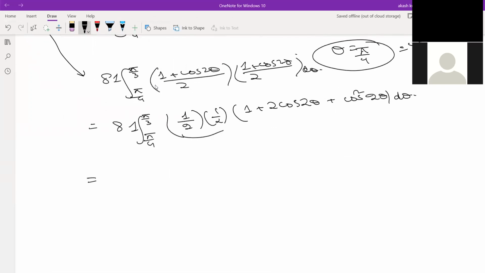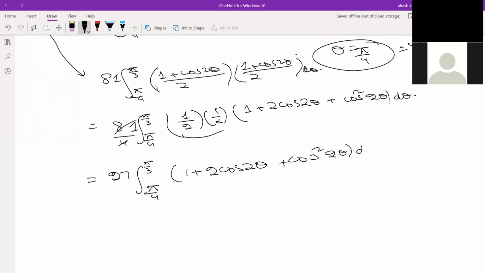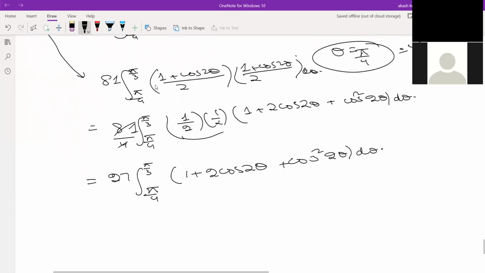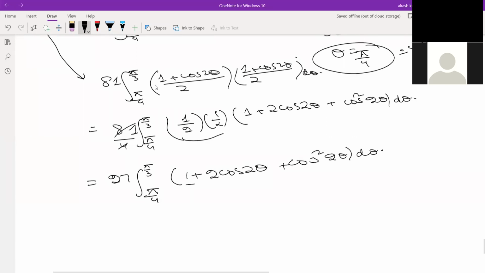Taking this constant out, so it becomes 1 over 4. And 4 goes into 81, 27 times. So 1 plus 2 cos 2 theta plus cos square 2 theta d theta.